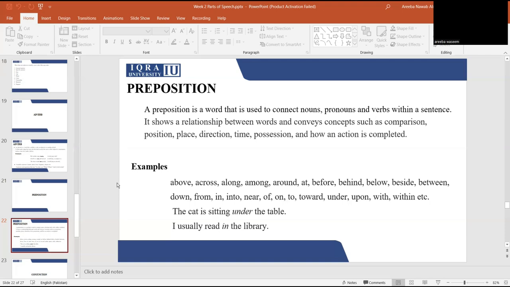We are telling the position of one noun on the other noun. And for that we use a preposition which is under. The cat is sitting under the table. If we were not to use under, we could not have expressed where the cat is positioned. Okay. And then there is I usually read in the library. Here also we are telling the position of one noun onto the other noun.